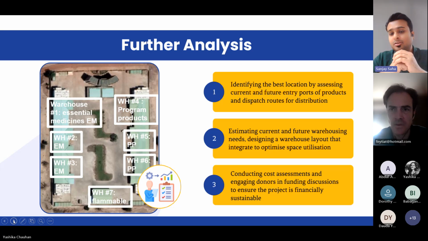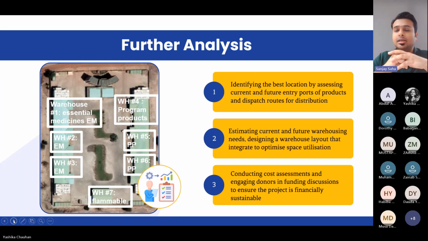Number two, estimating current and future warehousing needs and designing a warehouse layout that works on future needs. Another problem.